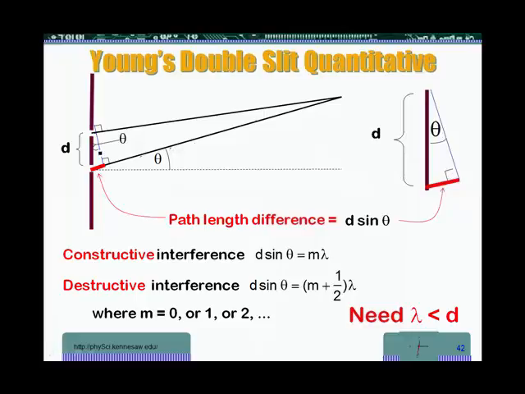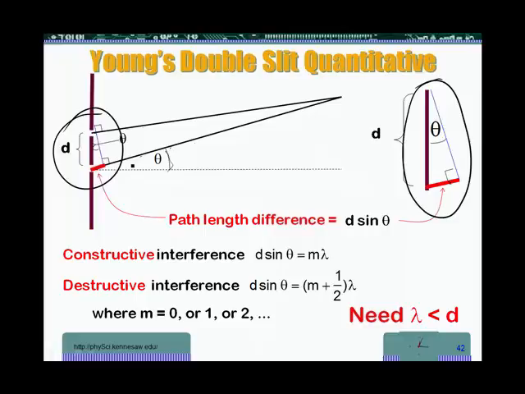Now, to calculate that path difference, we are going to zoom into that small area and approximate it by this right angle triangle. The hypotenuse for that triangle is d, the separation of the slits, and the opposite side is going to be our path difference. The thing here is a little geometry.